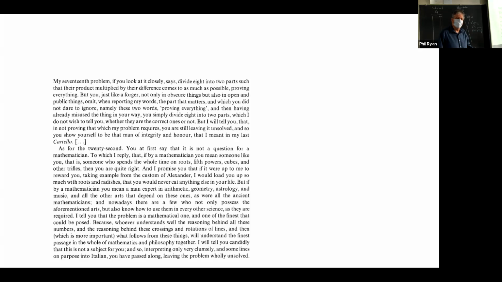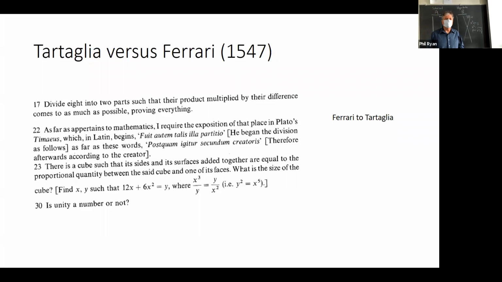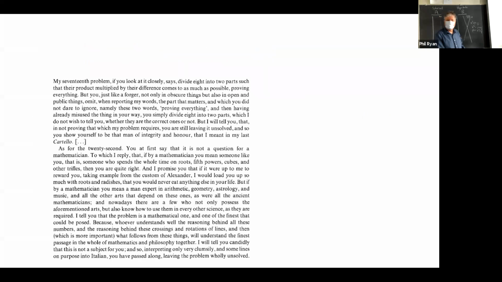Really cutting stuff. And then as for the 22nd, remember the 22nd was the one about interpreting some passage of Plato. He says, "You say it's not a question for a mathematician." And then he goes on: "If by a mathematician you mean someone like you, that is someone who spends the whole time on roots, fifth powers, cubes, and other trifles, then you are quite right.